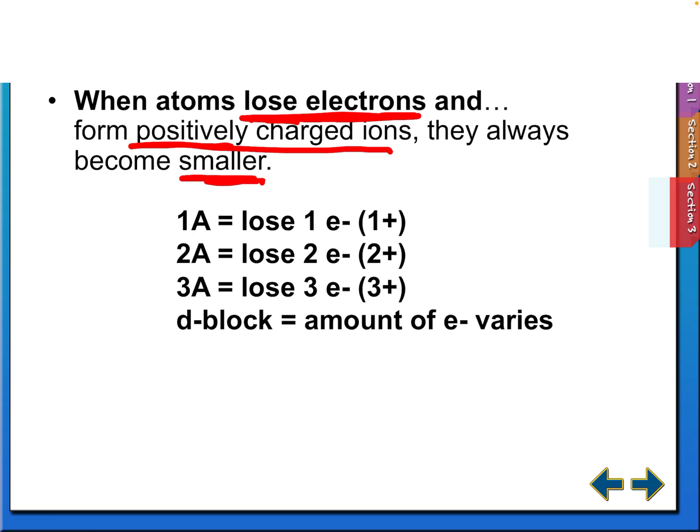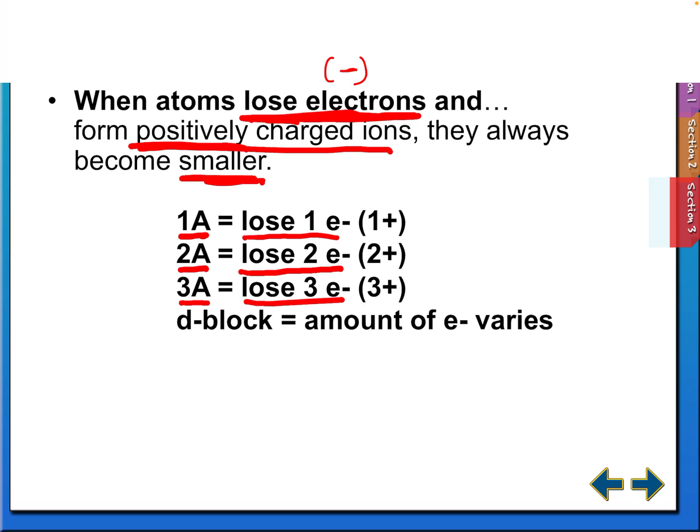If you lose electrons, which are negatively charged, you become positive because you're losing the negative and you have more positives. So group 1A will lose 1 electron, group 2A will lose their 2 electrons, and group 3A will lose their 3 electrons. That results in a positive charge.